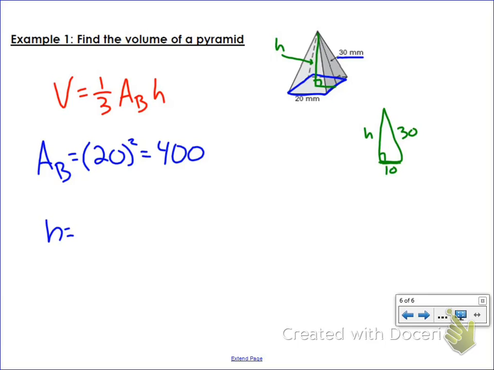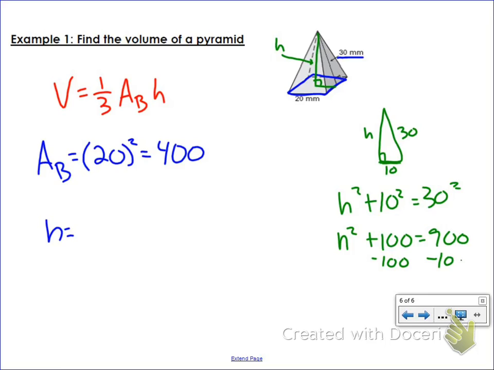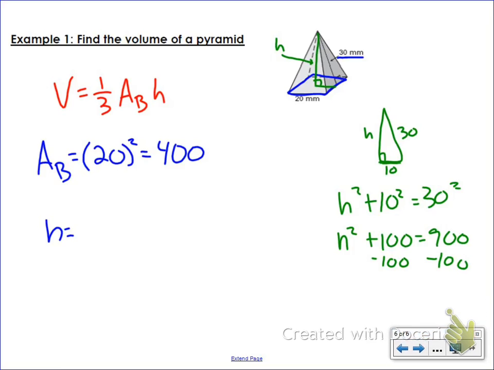And we're going to use the Pythagorean theorem to figure out what my height's going to be. So it's H squared plus 10 squared is going to equal 30 squared. So simplify. H squared plus 100 equals 900. Subtract 100 from both sides, and we're going to get H squared equal to 800.